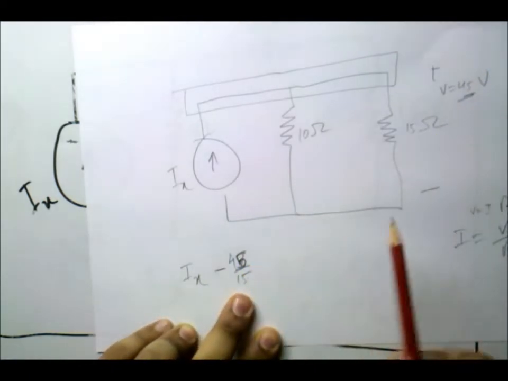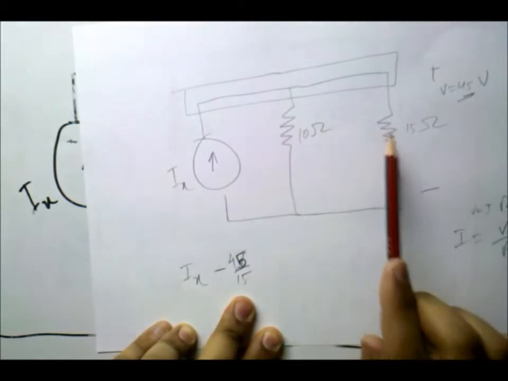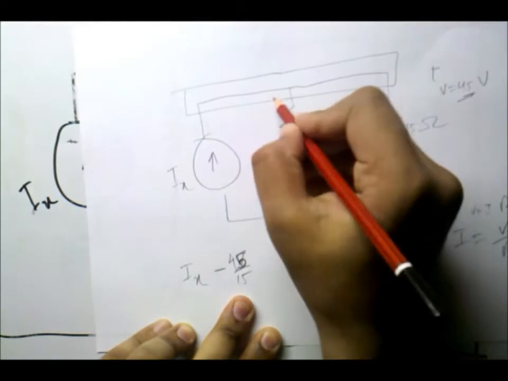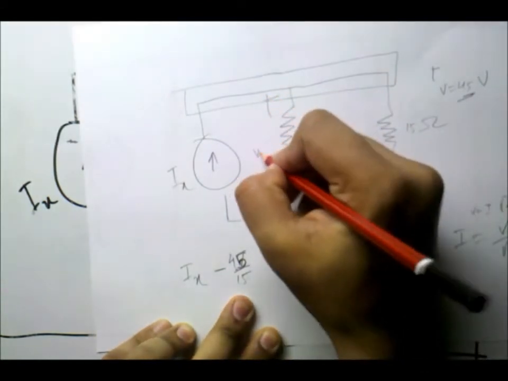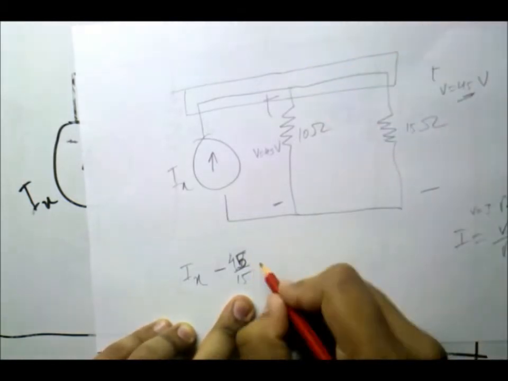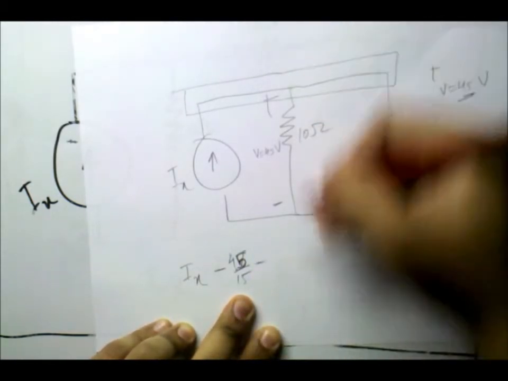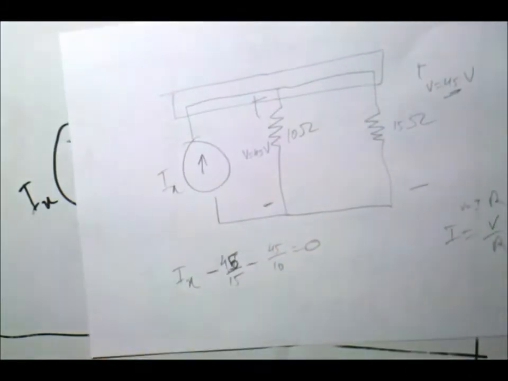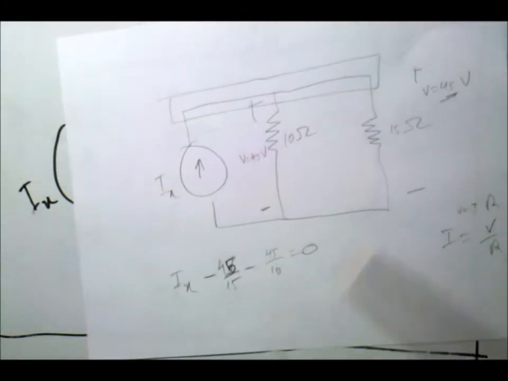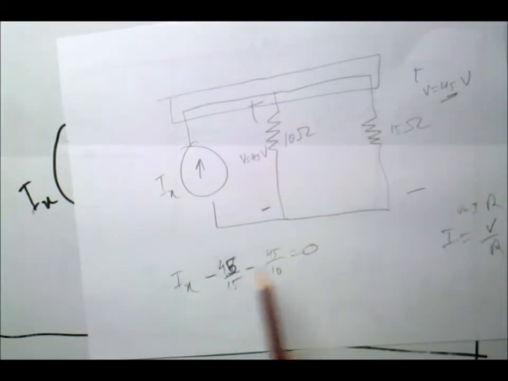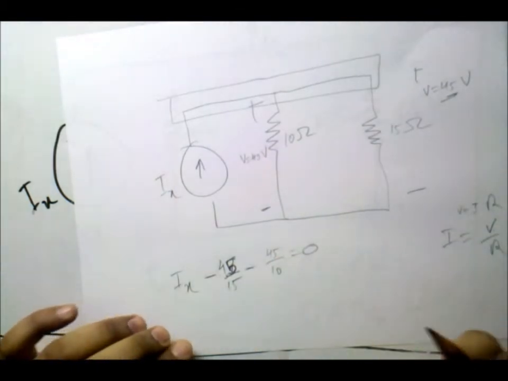And R is 15. And remember, when the resistors are in parallel, they have the same voltage across them. So the voltage across this resistor is also V equals 45 volts. So the current going from here to here is, what we have is the current going in Ix, the current going out, that is V over R, and the current going out in this direction, 45 by 10.